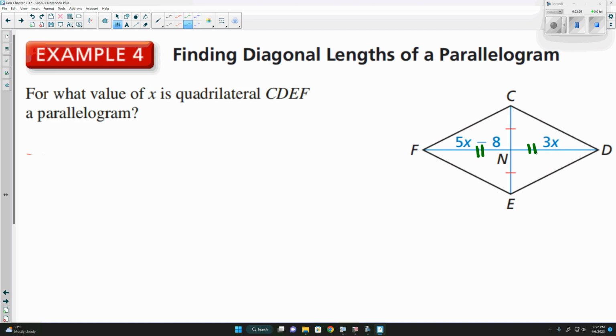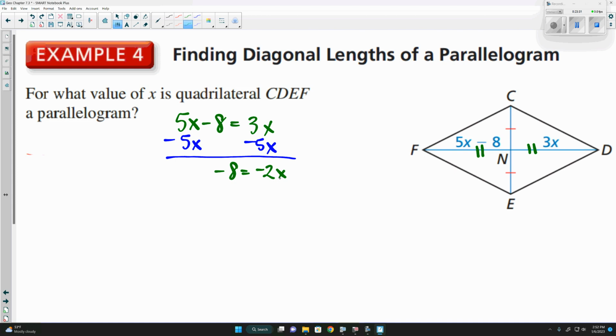So if they are congruent, it means that 5x minus 8 is going to be equal to 3x. So we can subtract 5x from both sides, which will tell us that negative 8 is equal to negative 2x.